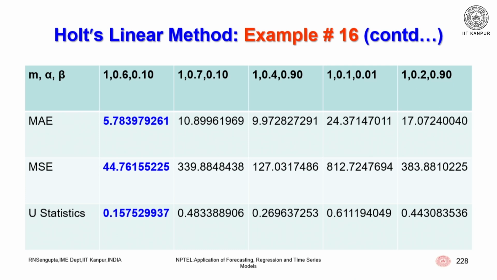I mark for this, you can use the Excel sheet, the mean absolute error, the mean squared error, the U statistics, and the blue highlighted values are for that corresponding combination of alpha and beta, because M is 1, where you get the best result, in the sense of least. And here, very interestingly, the value of 0.6 and 0.1. Obviously, I can do much more simulation to find out which is the best result.